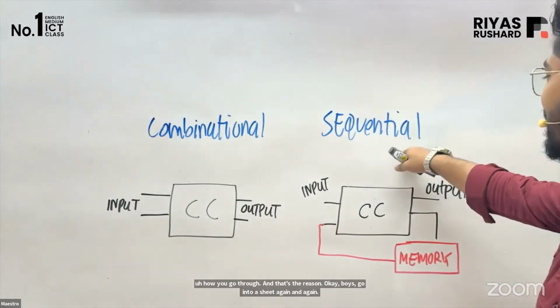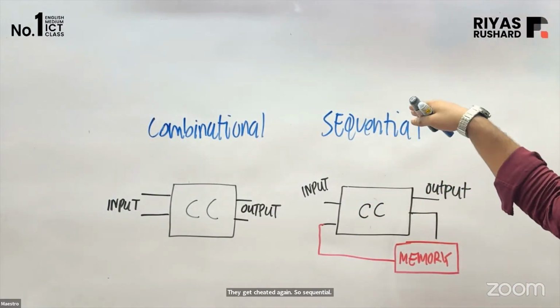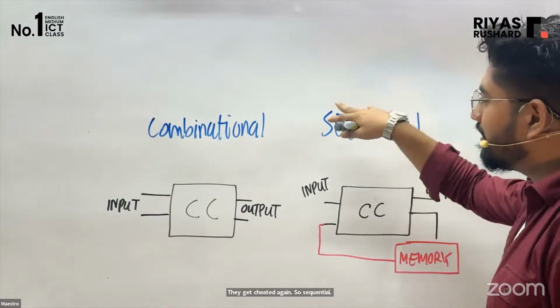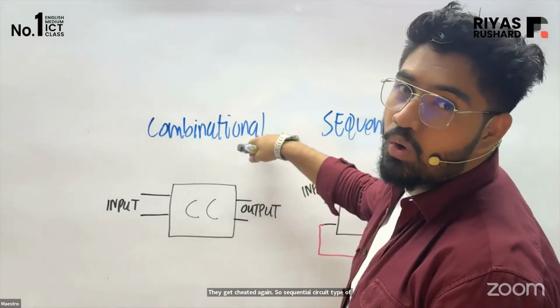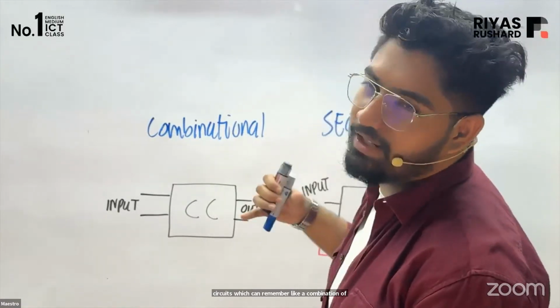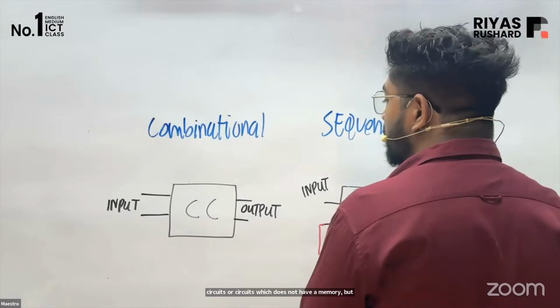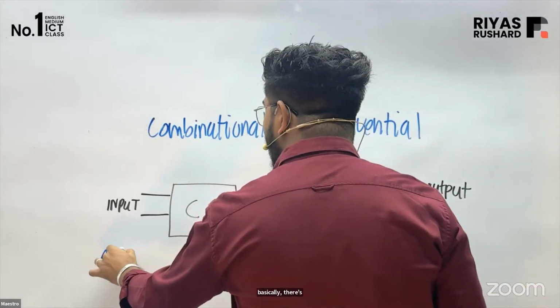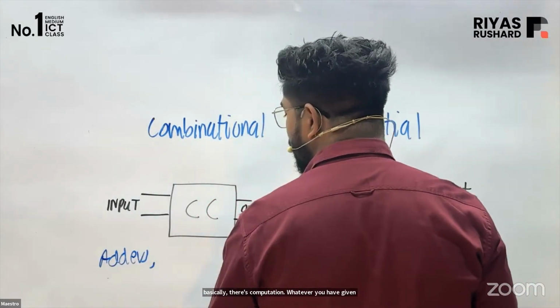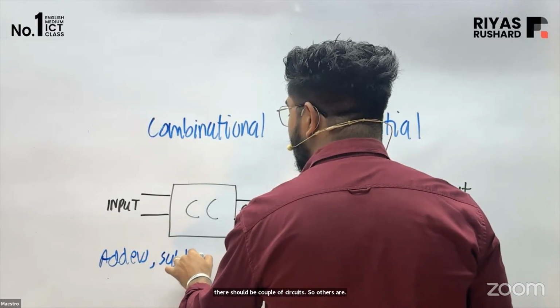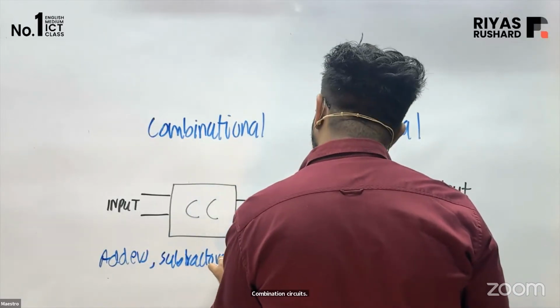So, sequential circuits are a type of circuit which can remember. Combinational circuits are circuits which do not have a memory, but basically do the computation on whatever you have given. Adders are combinational circuits. Subtractors are combinational circuits.